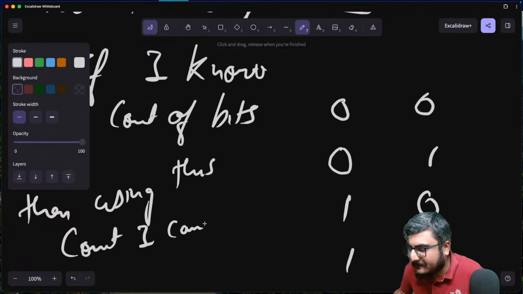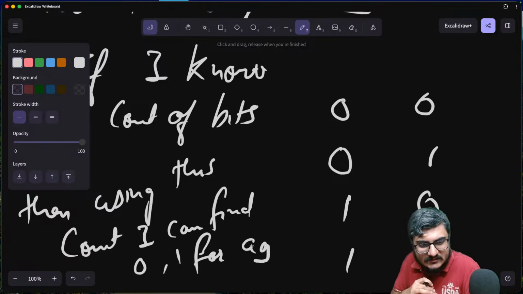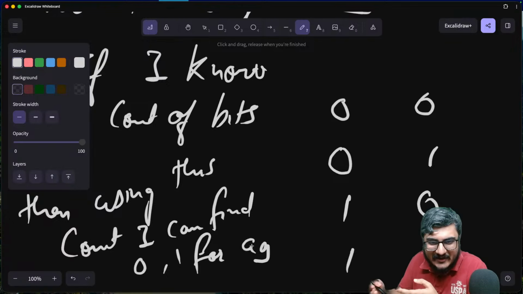I can find the number of zeros and number of ones for A9. Does this sound correct? I am yet to go into how I will recursively find A5 and A13.